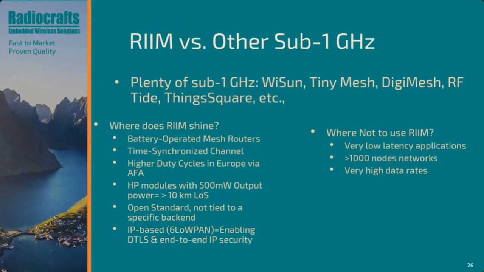If you need high power modules, which can transmit up to 500 milliwatts and reach over 10 kilometers in line of sight, it's an open standard, so not tied to a specific backend, and of course it's IP-based.